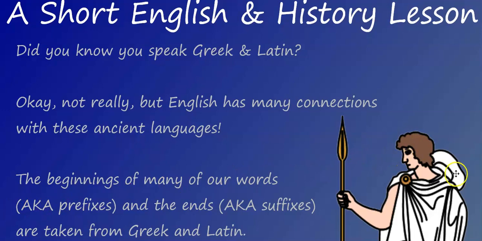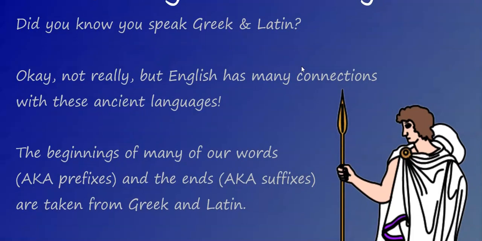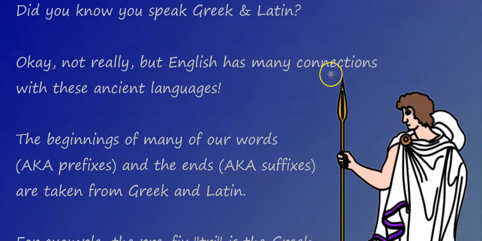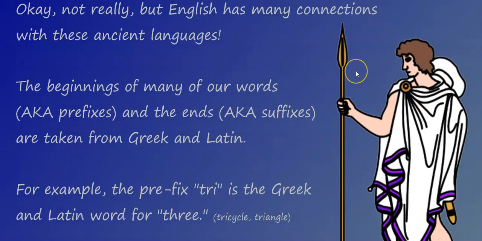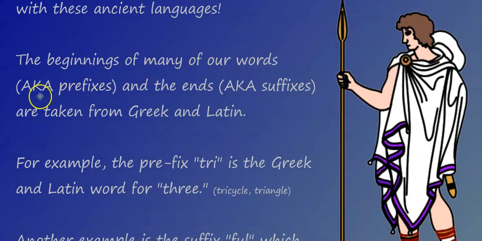So this is a short English and history lesson. Did you know you can speak Greek and Latin? Okay, so not really, but English has many connections with those ancient languages. We use them in certain parts of when we speak. The beginning of many of our words, prefixes, and the ends, which are suffixes, and we've been talking about prefixes and suffixes a lot lately, are taken from the Greek and Latin language.